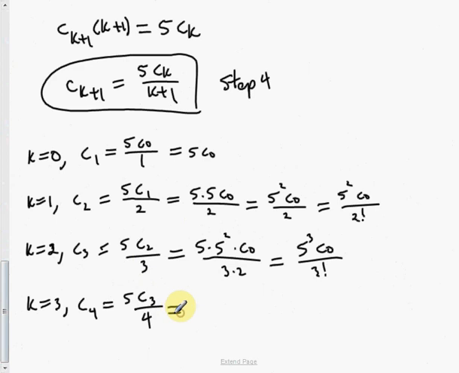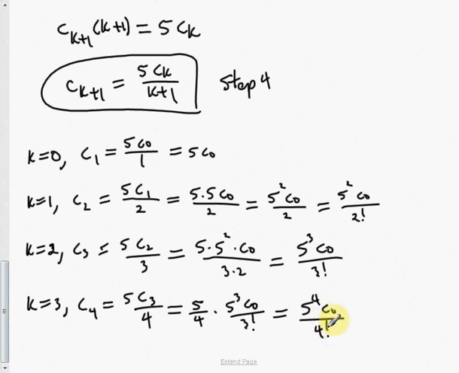Let's do one more so you can see it. This is 5 over 4 times C sub 3, but that's the C sub 3 up above. This is 5 to the third times C naught all over 3 factorial. Well, 4 times 3 factorial is 4 factorial. So this is 5 to the 4th power times C naught all over 4 factorial.